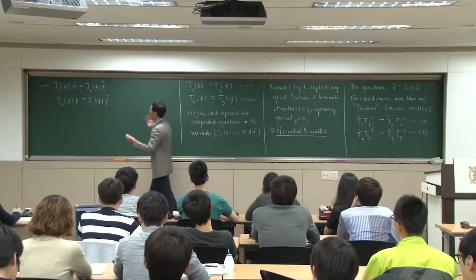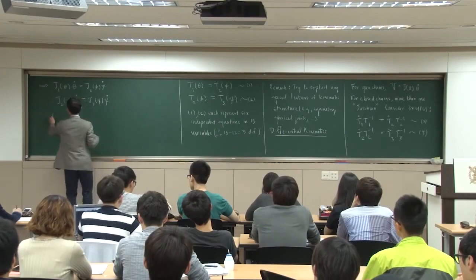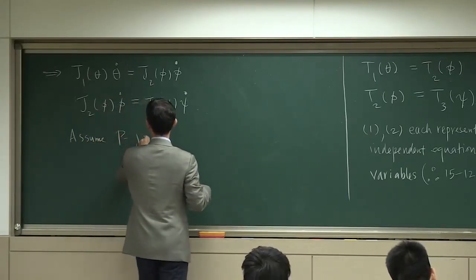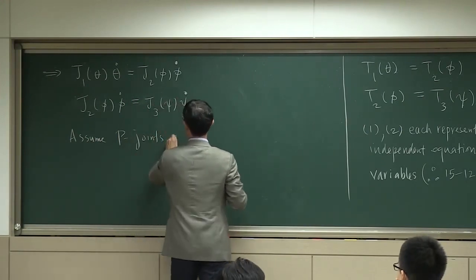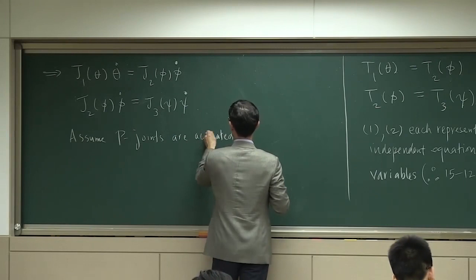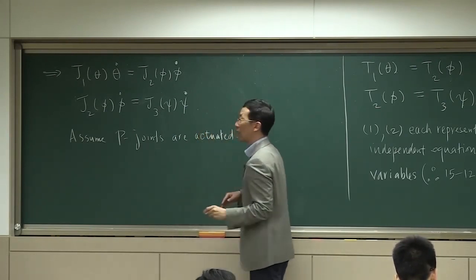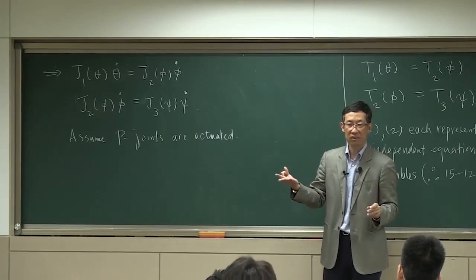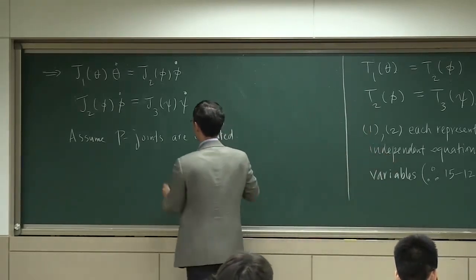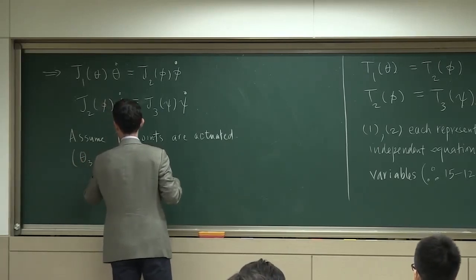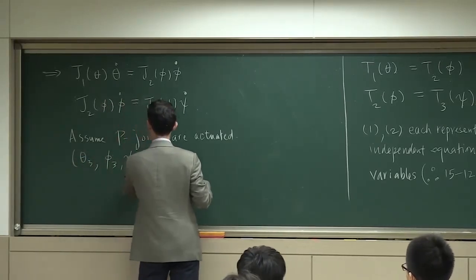So let's assume it's the prismatic joints that are actuated. Those joints are theta 3, phi 3, and psi 3, right?